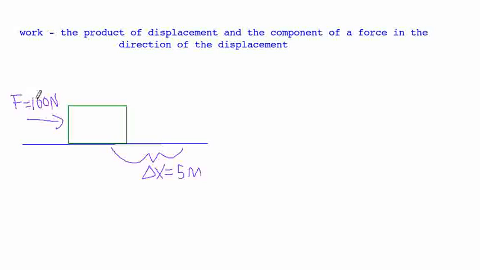So the work is the product of displacement and the component of a force in the direction of the displacement. The force is in the direction of the displacement, which is to the right. So work is force times the distance moved, delta x, the displacement. So 100 times 5, so 500.